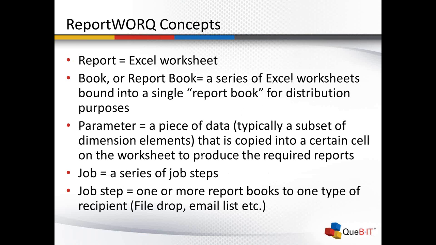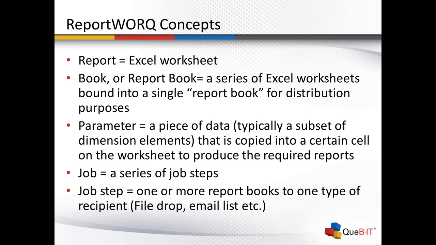Just to define some terms before I hand over to Dominic: when we say report in the context of Report Work, we mean an Excel worksheet. But then you'll hear Dominic talk about books, and a book is a series of Excel worksheets bound into a single report book. Parameter we already talked about.